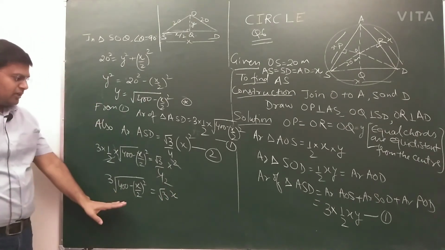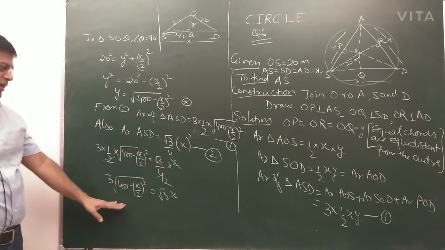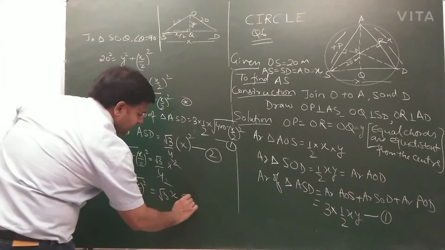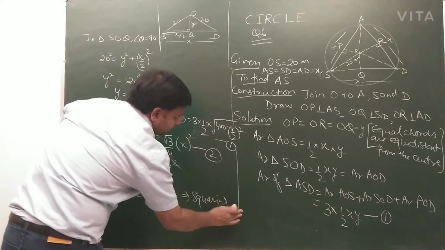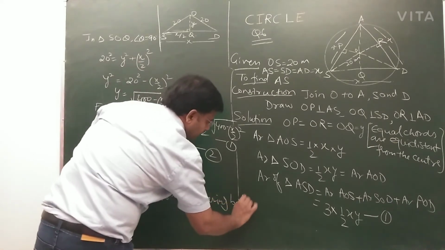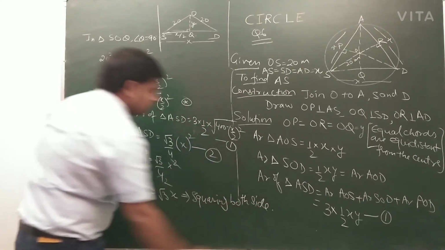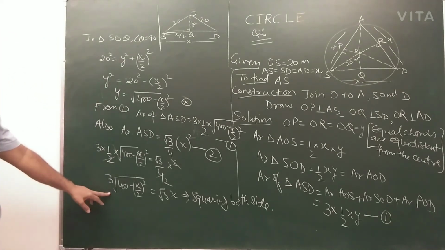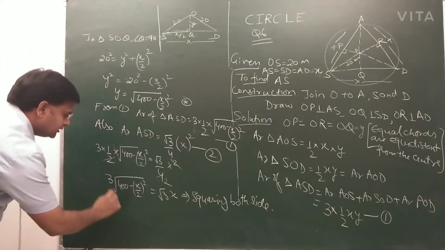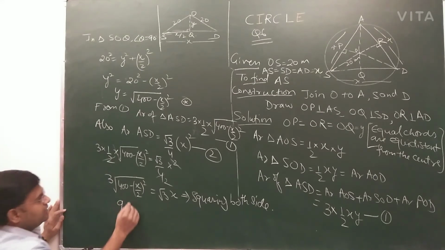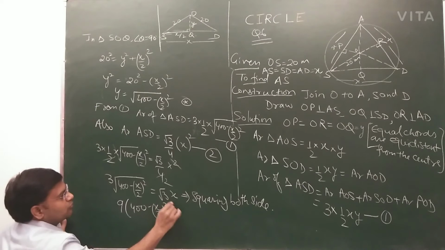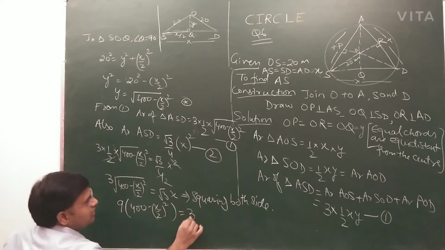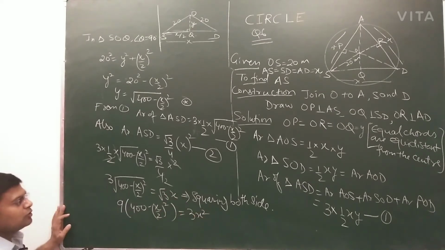Now do the squaring on both sides. What do you get? 9 into 400 minus x by 2 whole square equals 3x square.